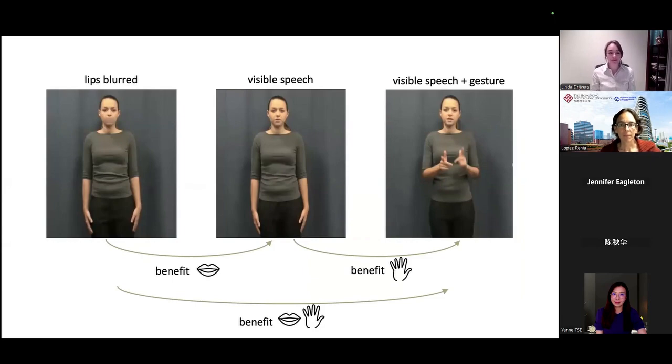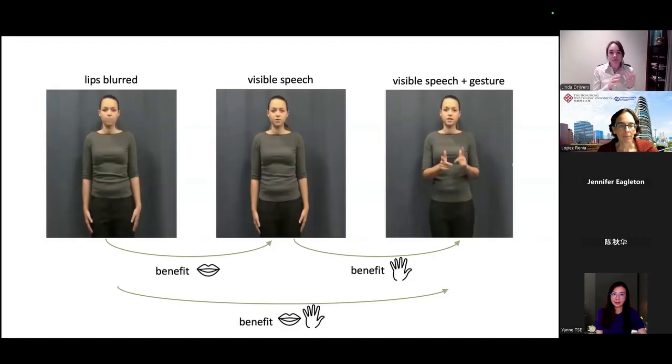Now, sometimes she would make a gesture, sometimes she would not, and sometimes we would show her lips, and sometimes we wouldn't. Now, the nice thing about this is that we could really see the benefit of the lip movements and also the benefit of the gestures, but also the benefit of these gestures on top of these lip movements, right? To really see under which conditions these visual signals would contribute most to comprehension.